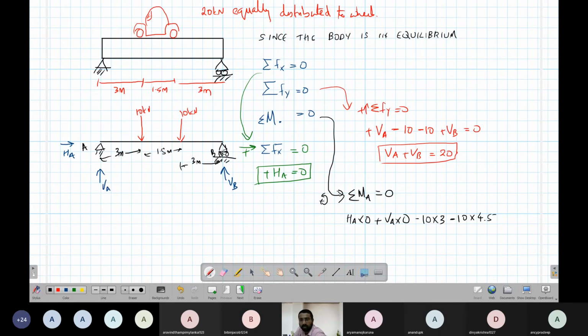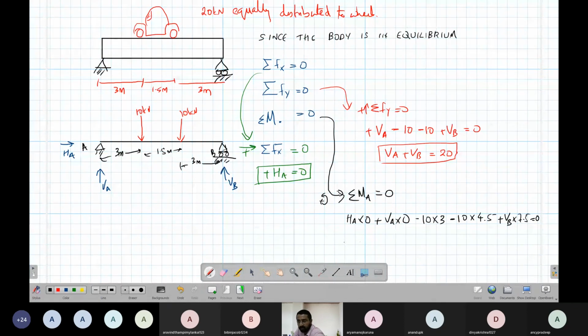Then we have this force VB. VB into 3 plus 3, 6 plus 1.5, 7.5. So VB into 7.5, anti-clockwise, so plus, equal to 0. Now this is gone.